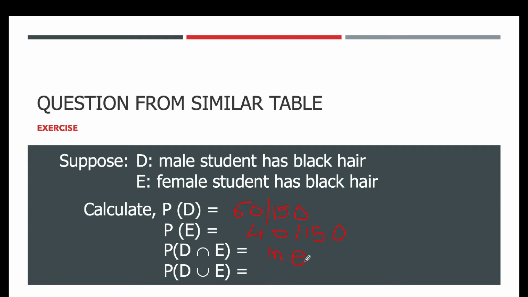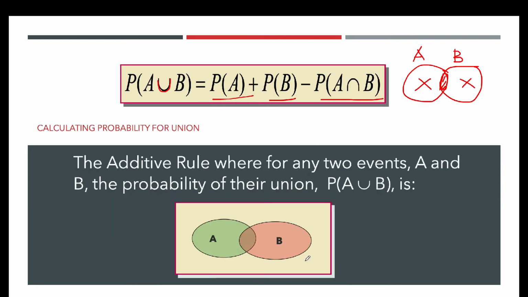What about the probability for the union? Again, we can look at the formula here.